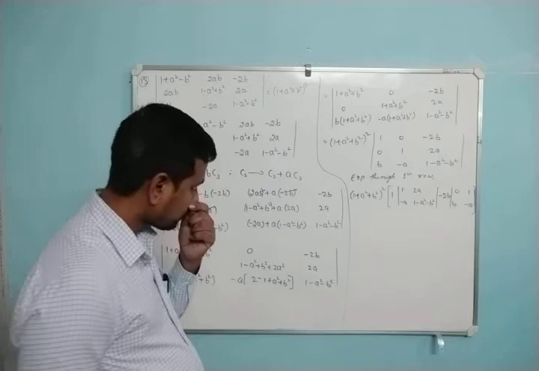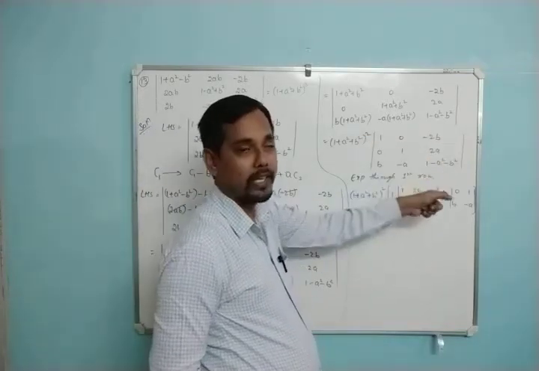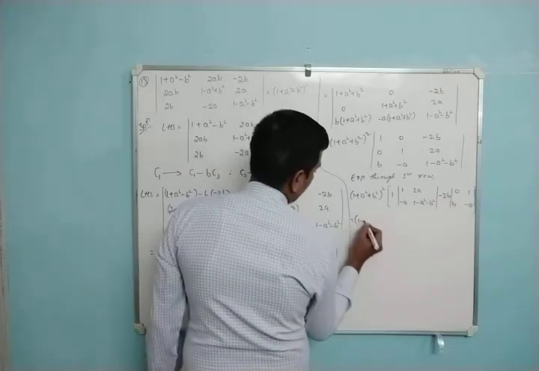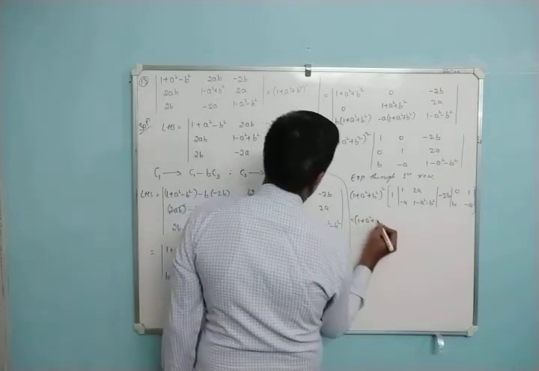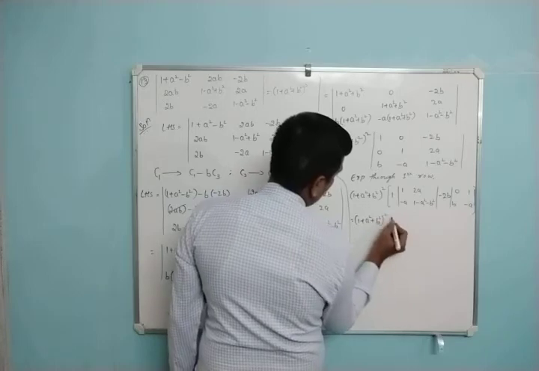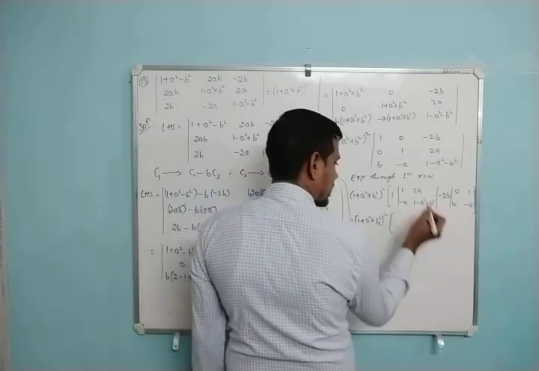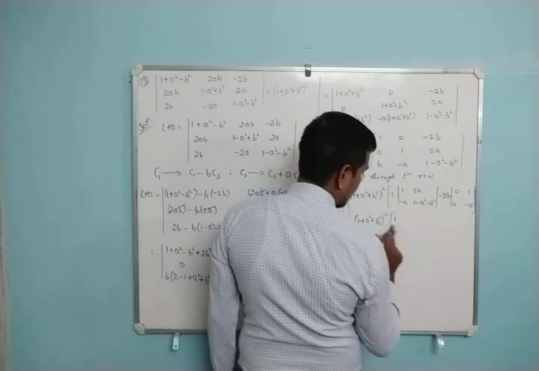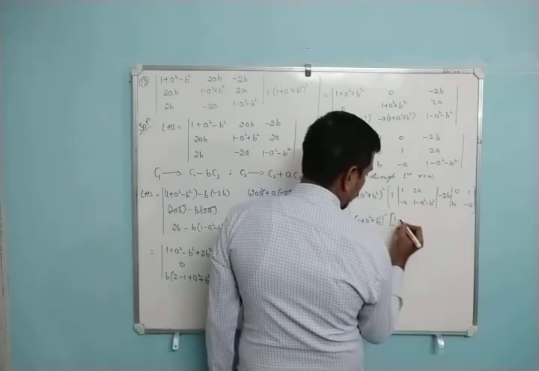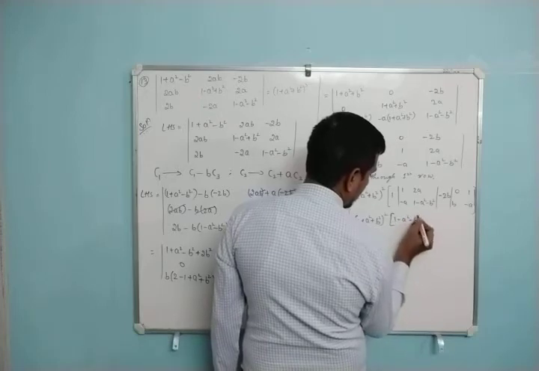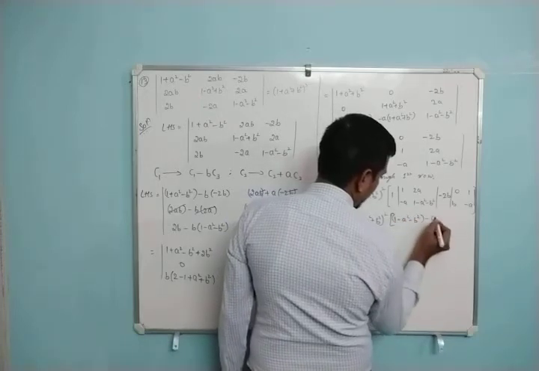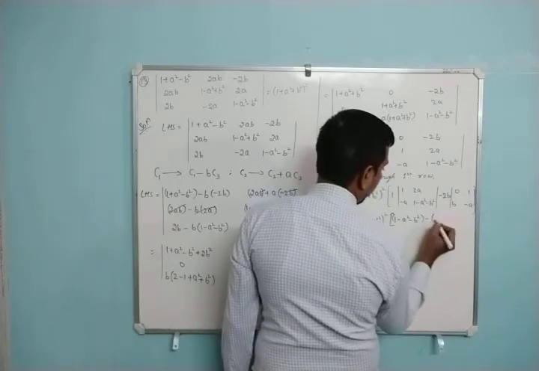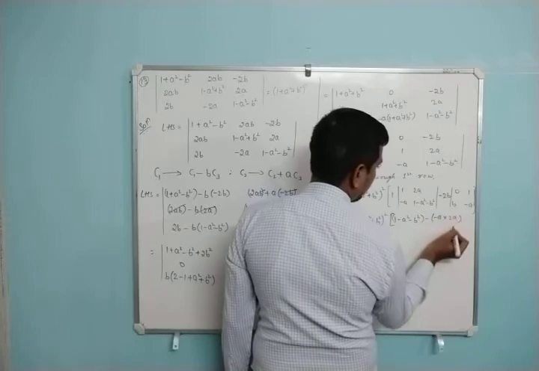Okay, if you take 2b, you should leave first row and third column. What determinant comes, that you should write. So this is 1 plus a square plus b square the whole square. What is this determinant? If I calculate this, it will be 1 minus a square minus b square, minus of minus a into 2a.